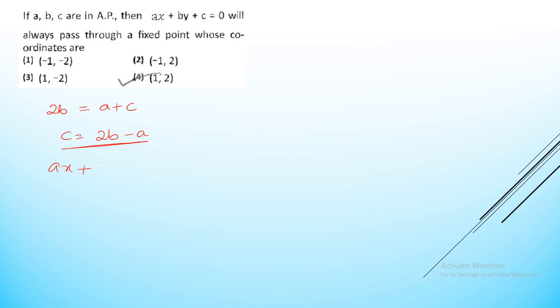So Ax plus By plus 2B minus A is equal to 0. Now since I need the coordinates x and y, right?